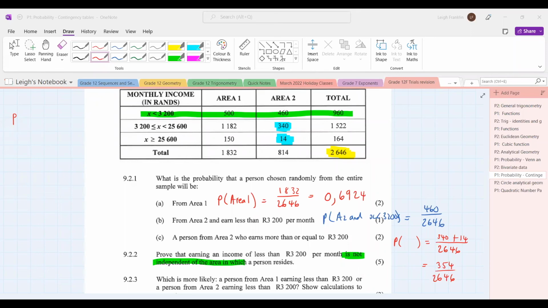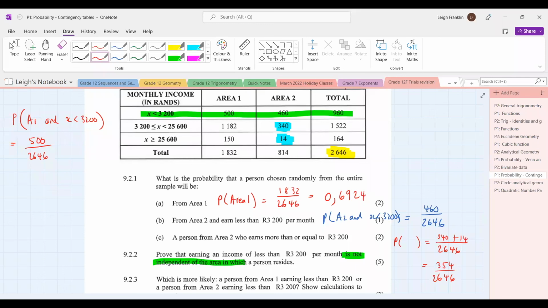If you're going to consider the probability of somebody living in area 1 and earning less than 3,200 Rand a month, then that's fine. We can do it that way. In which case you've said it's 500 out of 2646, which is perfect. So now on the right-hand side of your equation, Nick, what are you going to consider?